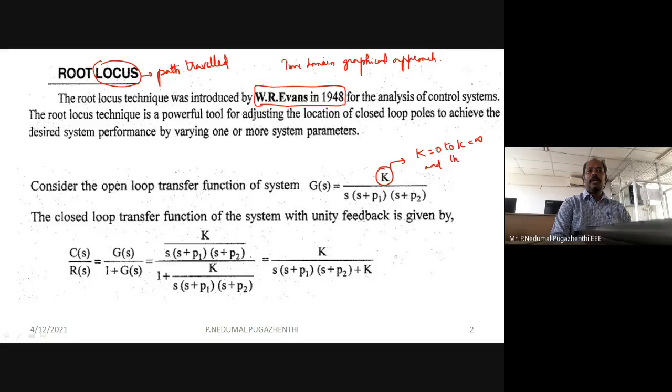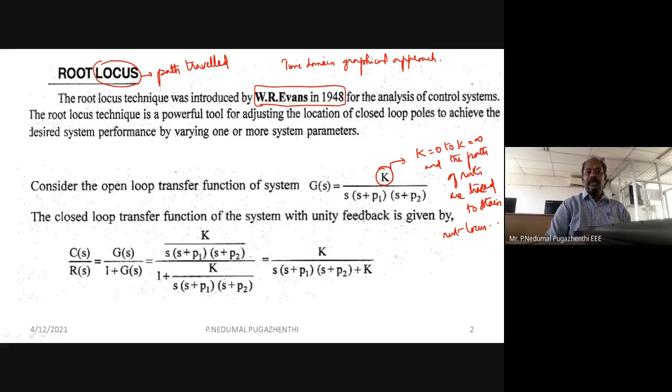The path of roots is traced or tracked to obtain the root locus. Understand?